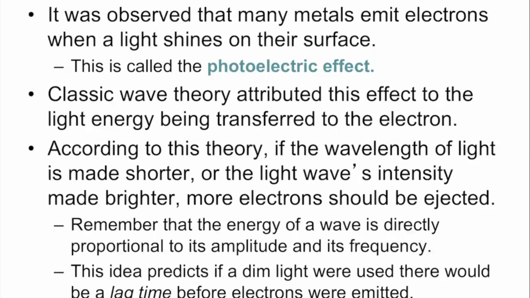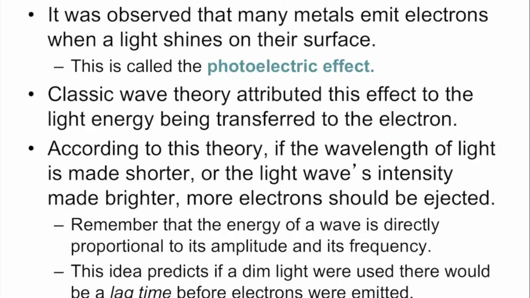So according to this theory, the rate at which the electrons leave is due to the photoelectric effect. If you increase the intensity of the light, you're going to have more electrons ejected. If you shine the light on the metal dimly, you're going to have a lag time. You're not going to have electrons ejecting as fast.